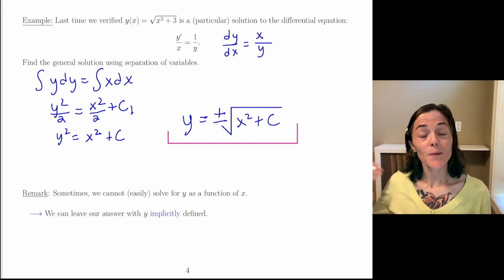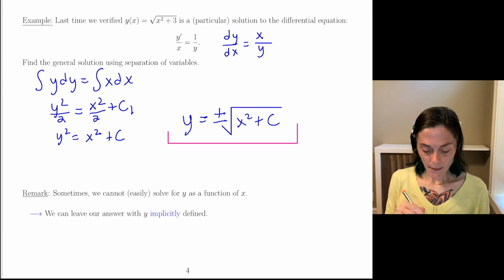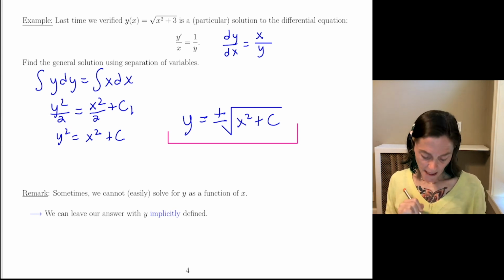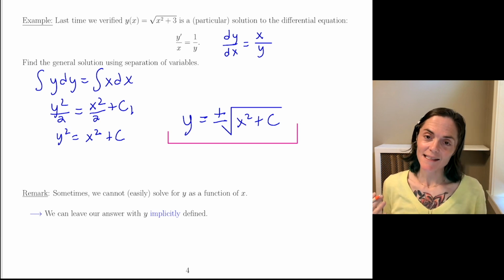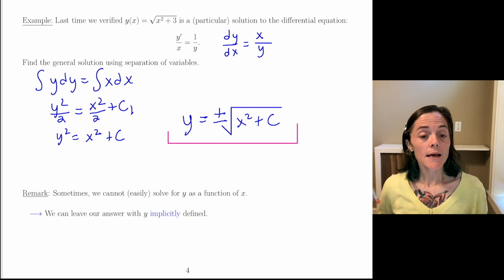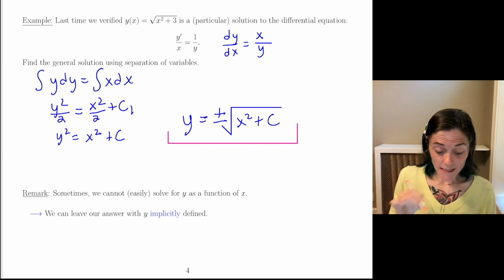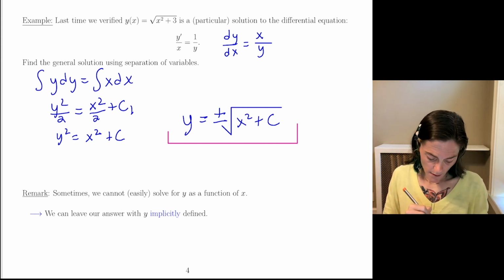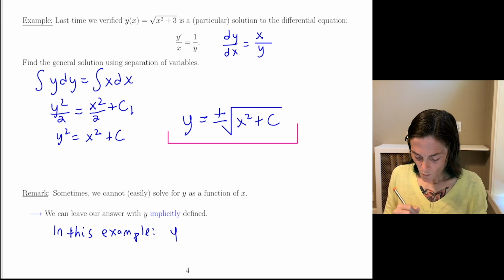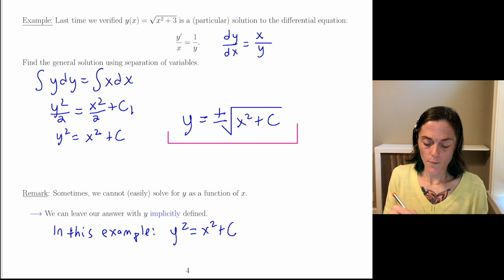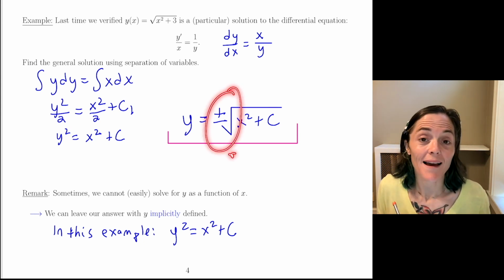Now, this points to a remark. Sometimes we cannot easily solve for y as a function of x, and we can leave our answer with y implicitly defined. So, for example, this type of problem, our book would leave the answer as y squared is x squared plus c, rather than putting the plus or minus here.